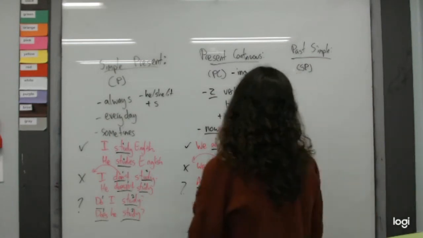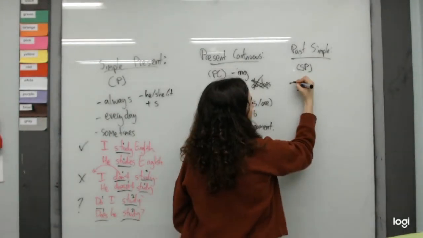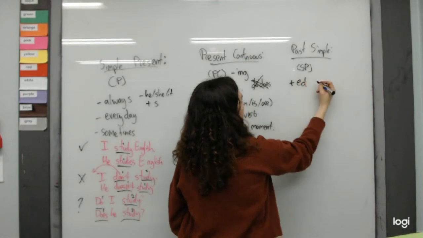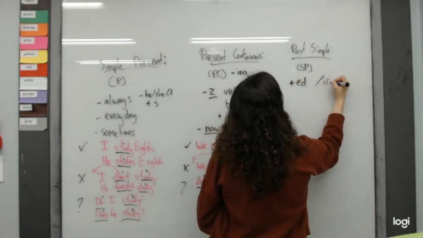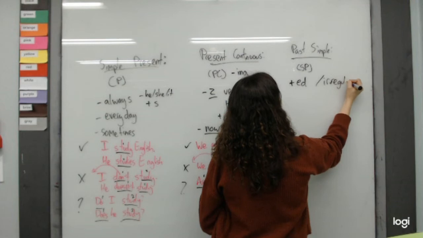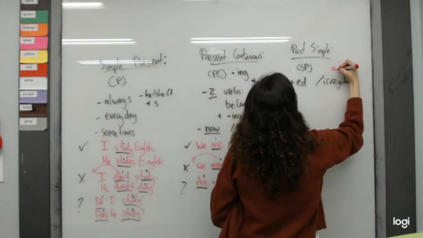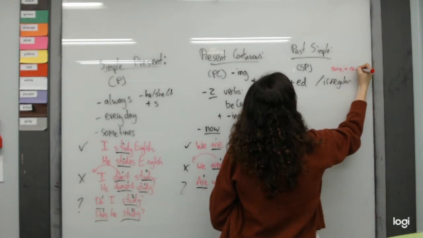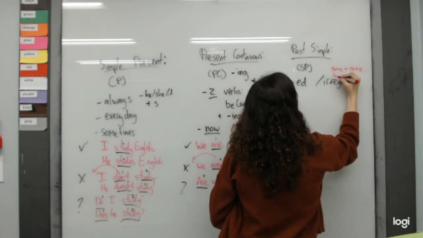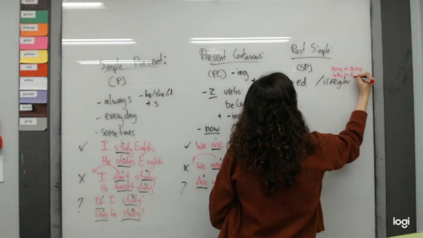The last one we have to talk about is simple past. This one is plus ed or irregular. The ones you have to remember. Like, come, he comes, came. Take becomes took.